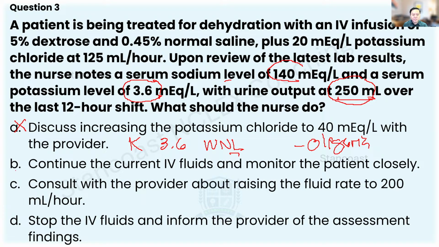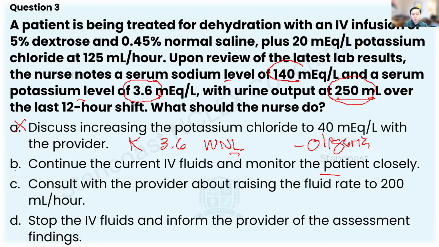What about letter B? Continue the current IV fluids and monitor the patient closely. Guys, your patient has been oliguric for 12 hours. Do you still need 12 more hours to keep monitoring the oliguria? No. You're actually compromising the patient's urinary function. The kidney function here is probably deteriorating. If you just continue observing the patient closely, you're actually harming the patient.